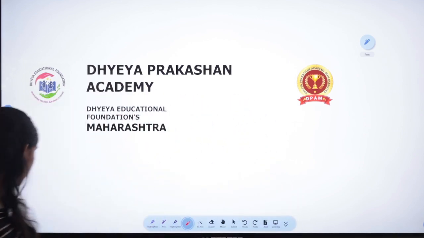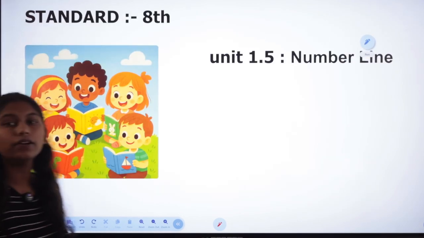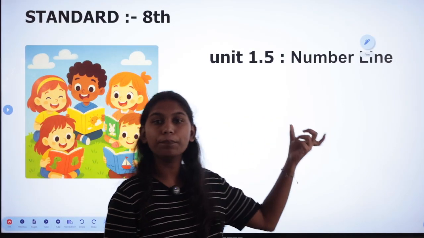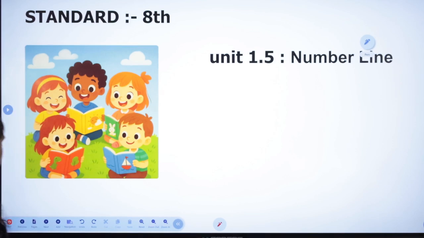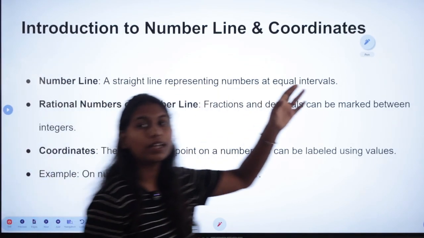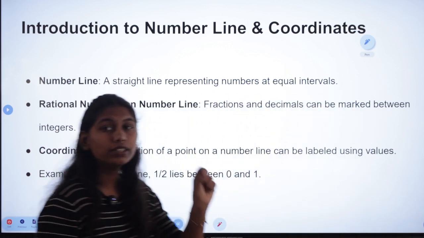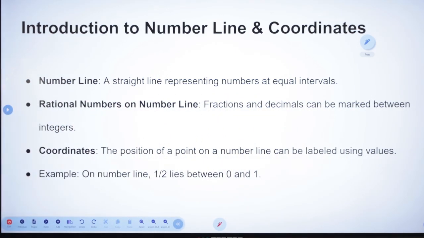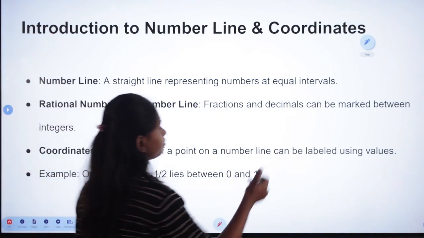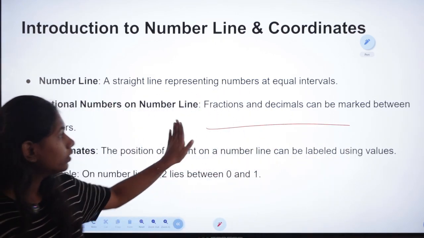Today we will be learning the topic for standard 8, that is unit 1.5, number line. Introduction to number line and its coordinates. Its coordinates means its points. Now what is a number line? A line which shows all the numbers.